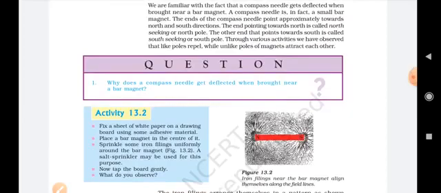Now when we talk about the bar magnet or any magnet, the end points are always north and south.